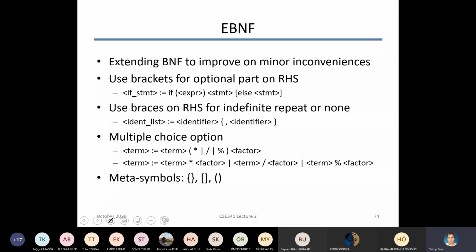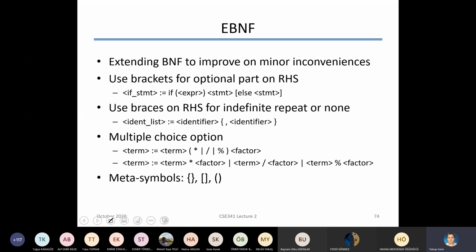So instead of writing with ors and so many things, you put these optional parts within square brackets. You can use braces on the right-hand side of these production rules to indicate indefinite repeat, or none. So this is zero or more repeats.